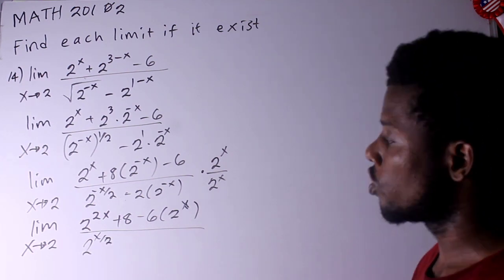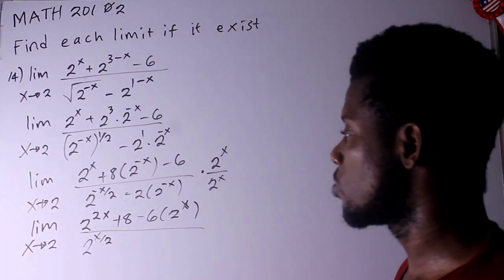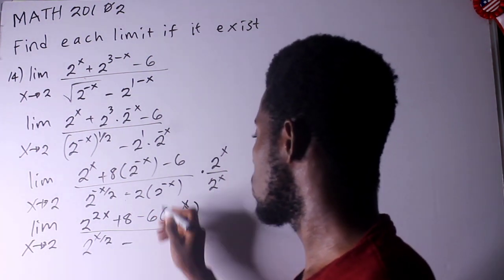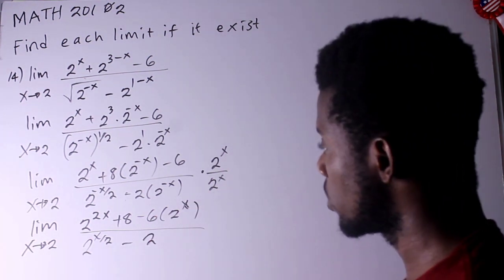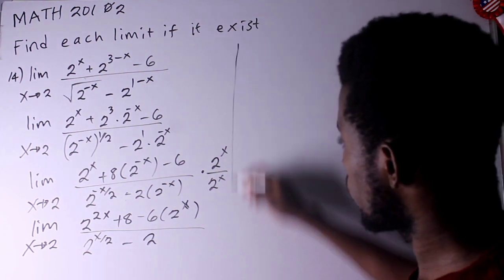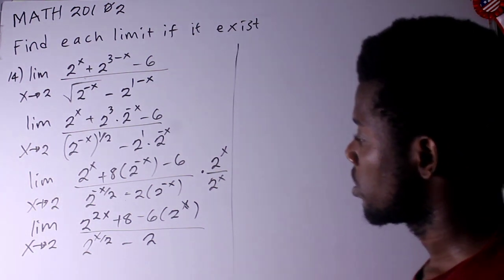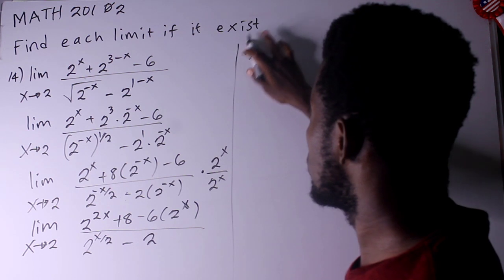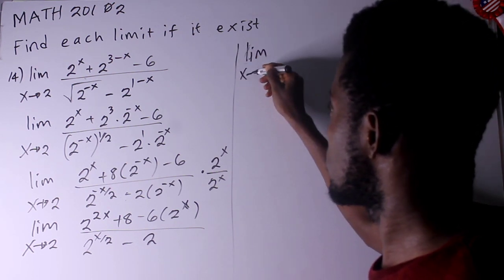So negative x over 2 plus x will give you x over 2, then this will cancel out, you just have 2. Great.